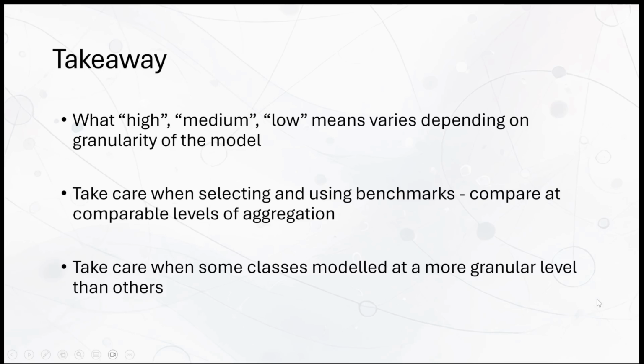So the takeaway from this is that what high, medium, and low means when you're thinking about correlation parameters varies depending on the granularity of the modeling you're looking at. We make a lot of use of benchmarks when we're calibrating and validating the correlation assumptions in capital models.